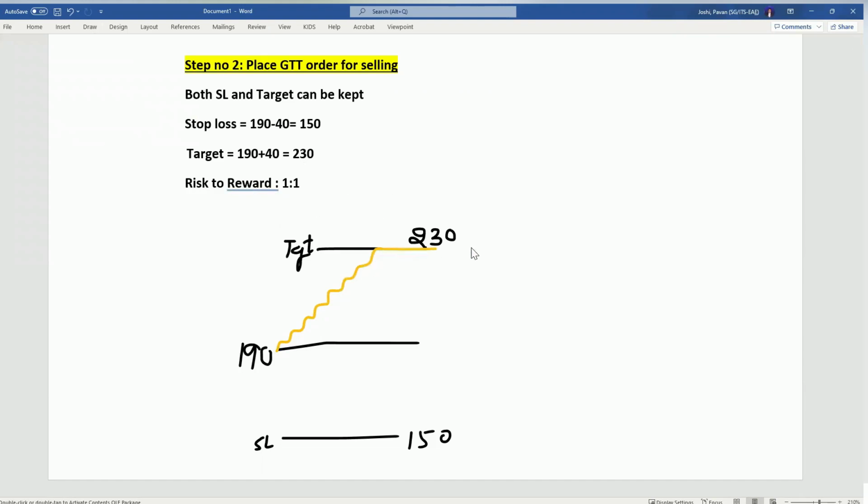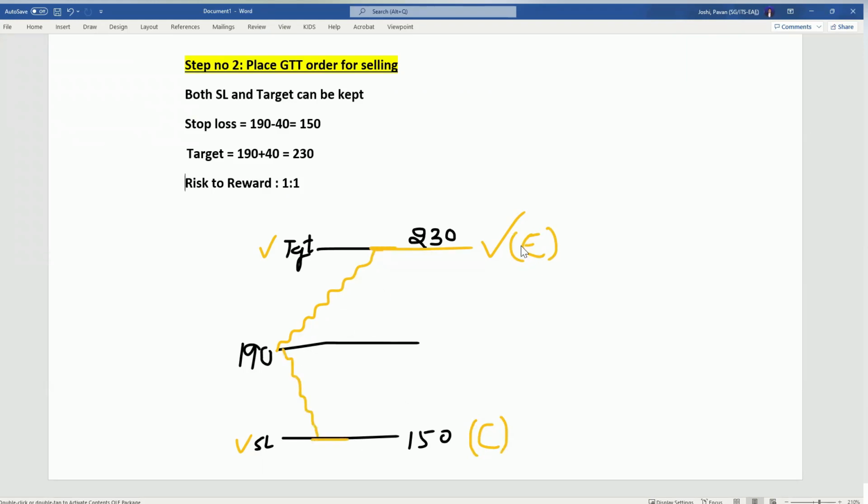Now, let's say the market keeps on going up and makes a profit, means the option premium rises and hits 230. When 230 is hit, it automatically gets executed and my stop loss order will get cancelled. My stop loss order will get cancelled and the target order will get executed. That is the beauty of this system.